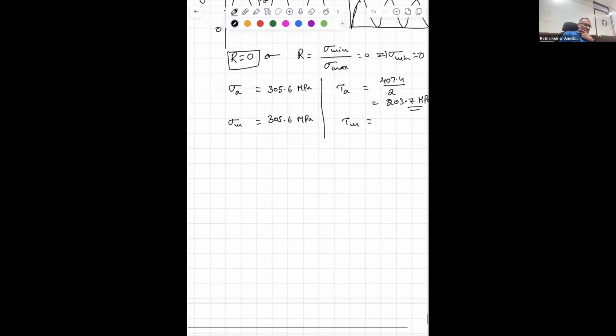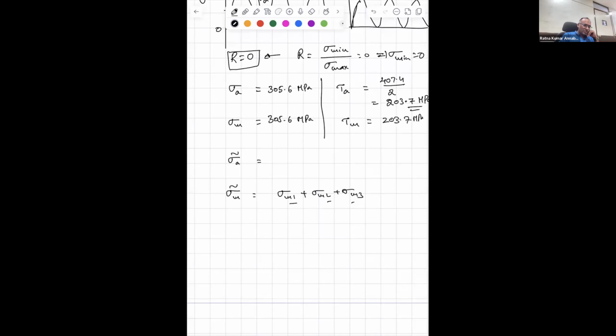You need to calculate sigma A tilde and sigma M tilde, right? What did we write for sigma M tilde? We said sigma M1 plus sigma M2 plus sigma M3. This is the trace of your stress tensor, isn't it? Tau M is also 203.7.